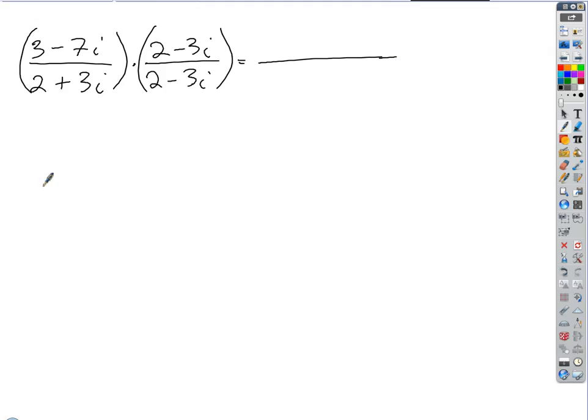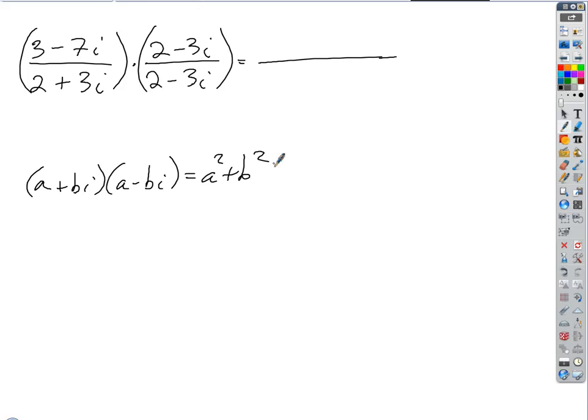Remember, if I multiply a plus bi times a minus bi, I just get a squared plus b squared. And if you forget that, you can always just distribute. It's fine. But you can always depend on this shortcut too. When you're multiplying conjugates, it always works.